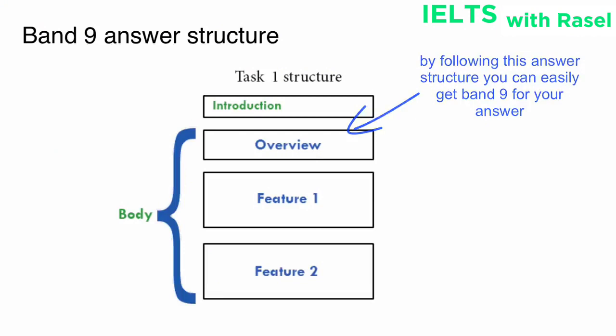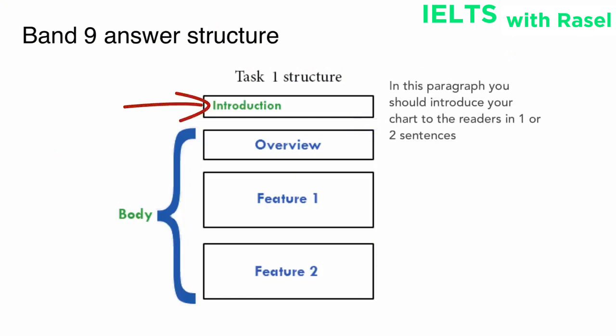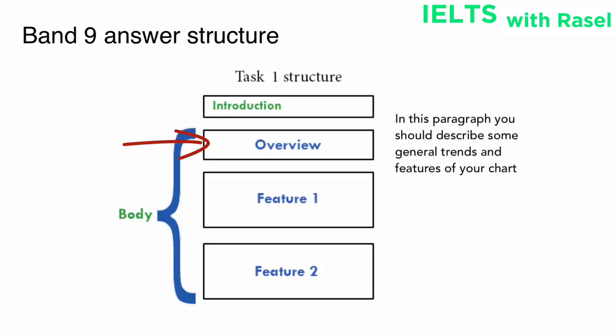So let's study together. Your first paragraph is an introduction. In this paragraph, you should introduce your chart to the readers in 1 or 2 sentences. Then you should write an overview paragraph. In this paragraph, you should describe some general trends and features of your chart.